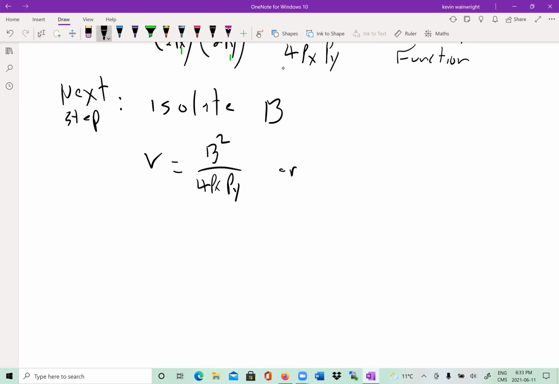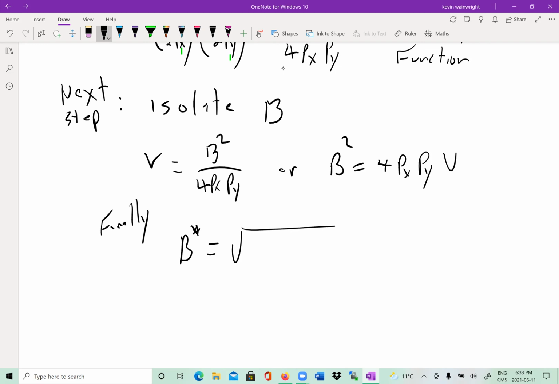Or B squared equals 4pxpyV. And finally, B star equals the square root of 4pxpyV. This function is known as the expenditure function.